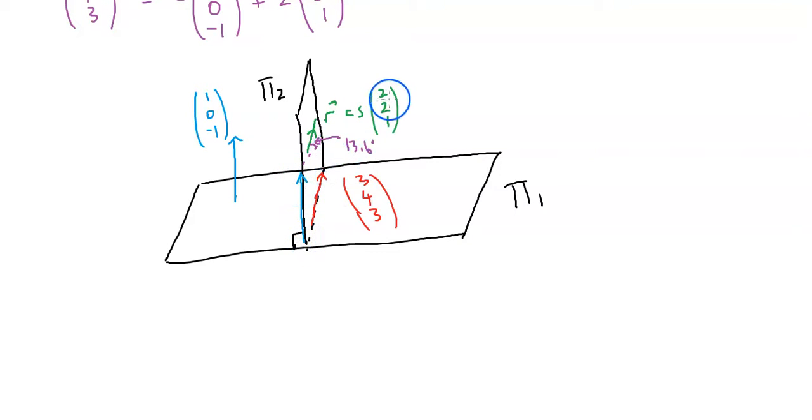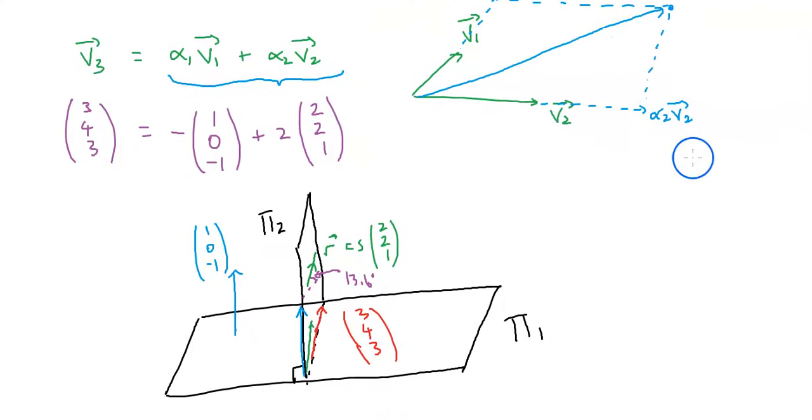And so we can see the green vector (2, 2, 1) is inside the plane that is spanned by the blue vector (1, 0, negative 1) and the red vector (3, 4, 3). So this green vector is contained entirely within that plane. So it's like, go and draw it like this. And so it is some multiple of the blue vector plus some multiple of the red vector. Therefore, the three vectors are linearly dependent.